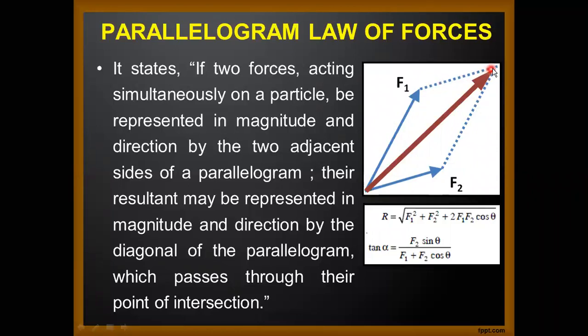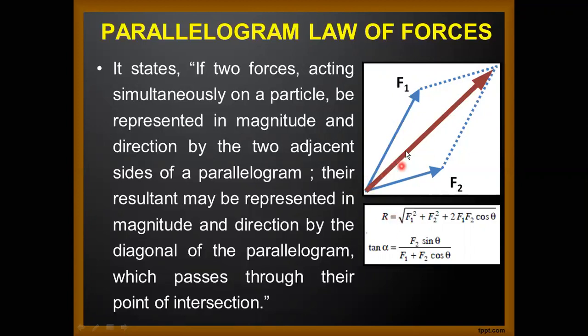This one represents the F2 force and this one represents the F1 force, and this particular diagonal represents the resultant of these two forces. This is what the parallelogram law says: if two forces act simultaneously on a particle, then the resultant can be obtained by drawing a diagonal from the same point. This is called the parallelogram law of forces.